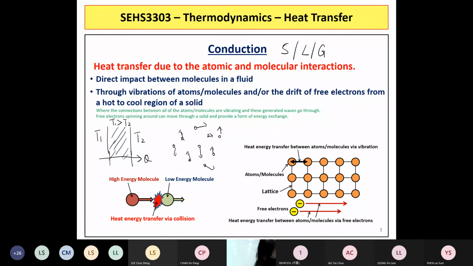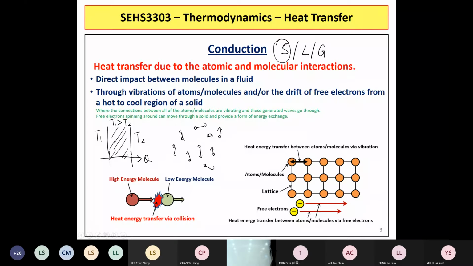But the material that conduction quite often applies to is solid. Although you can have it in other forms, solids are usually the ones that we are dealing with. And then you should pay attention here.